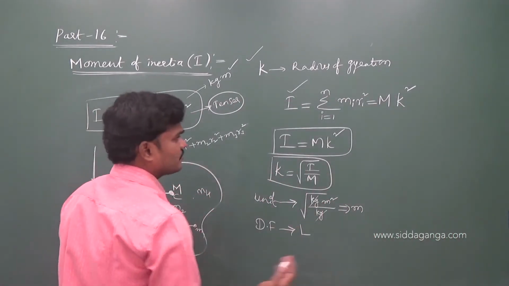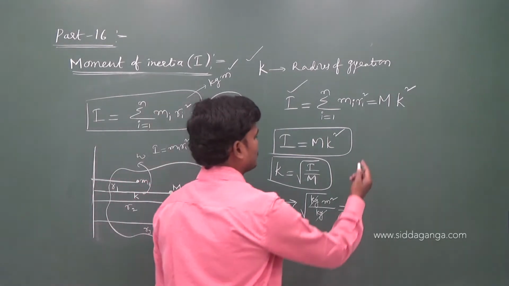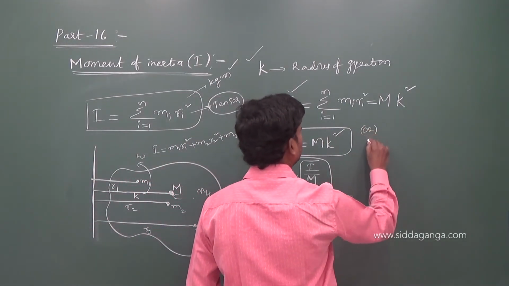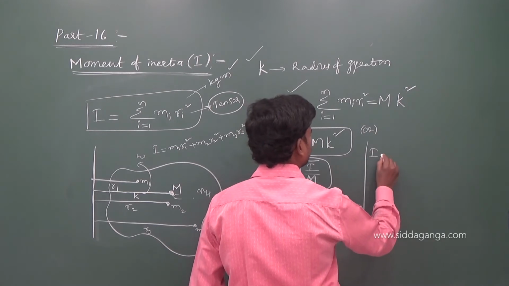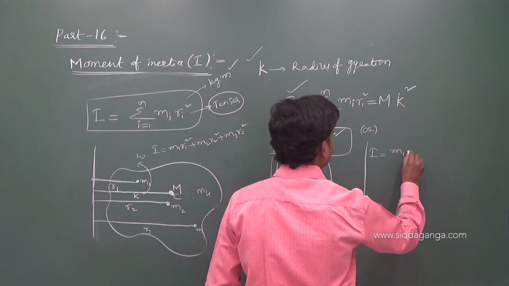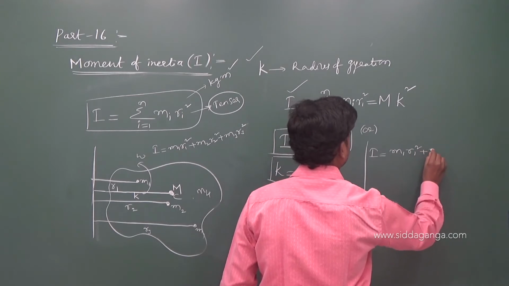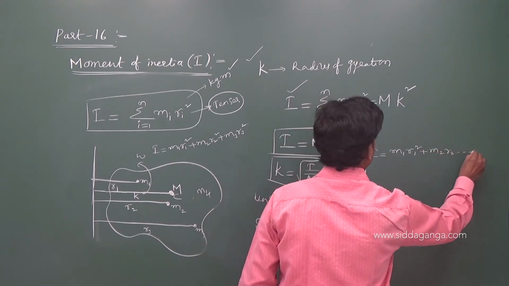Otherwise we can write it in another format also. If possible, try to remember this also. For n particles we can write m1 r1 square, m2 r2 square, and so on.